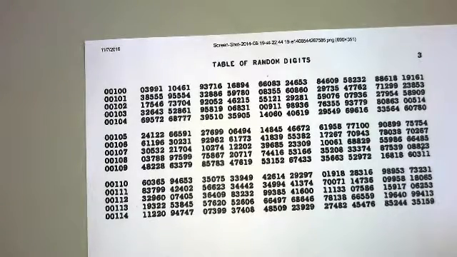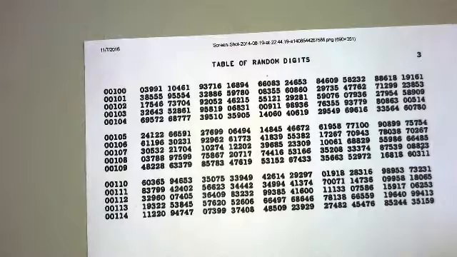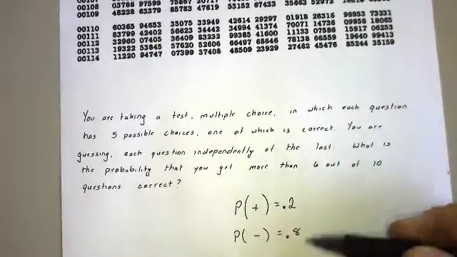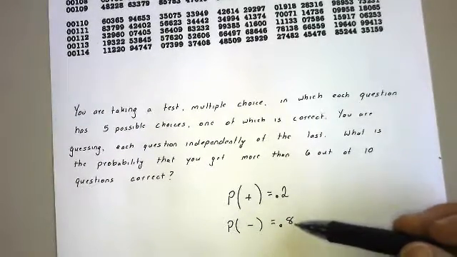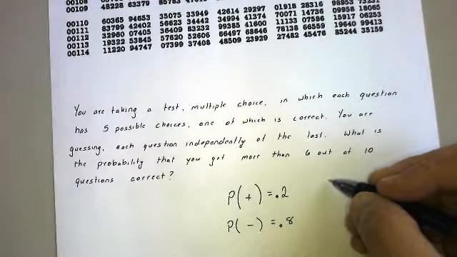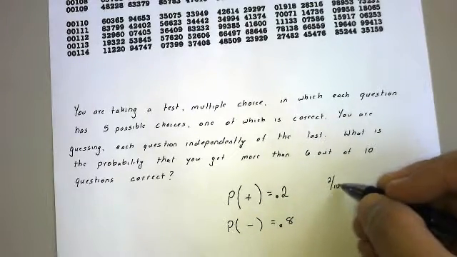Now, before I start, I need to some way assign correct or incorrect to the values in which I'm drawing. Now, because it's 0.2 and 0.8, it's actually very convenient because I can make 2 out of 10 values correct, and I can make 8 out of 10 values incorrect.